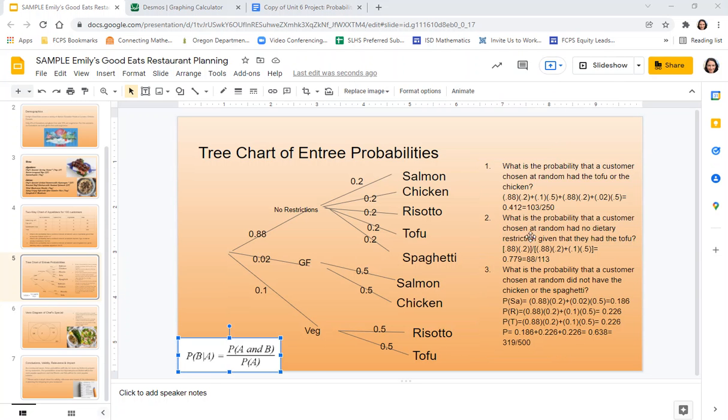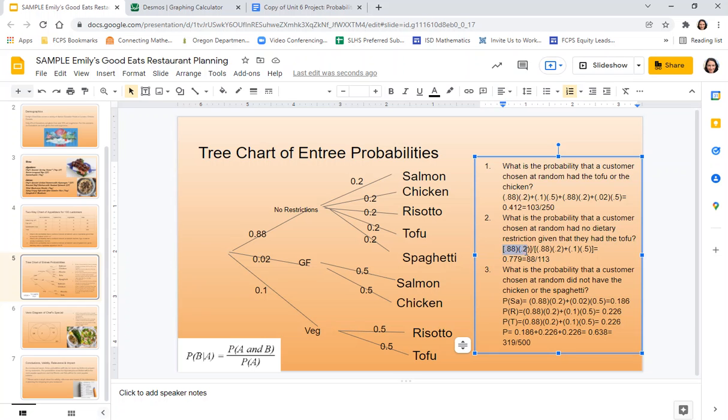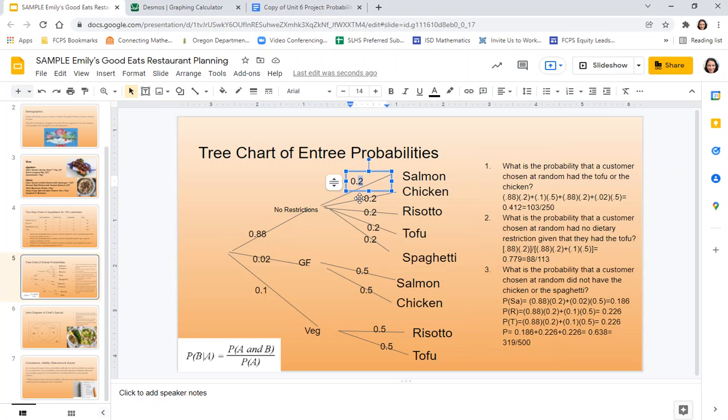For number 2, I used the conditional probability formula: probability of B given A equals the probability that A and B both happen divided by the probability that A happens. On the numerator, the probability that A and B both happen, that they have no restrictions and tofu, is going to be no restrictions, 0.88 up here, times tofu, which is down here, 0.2.